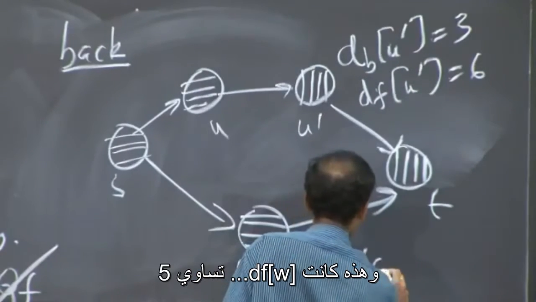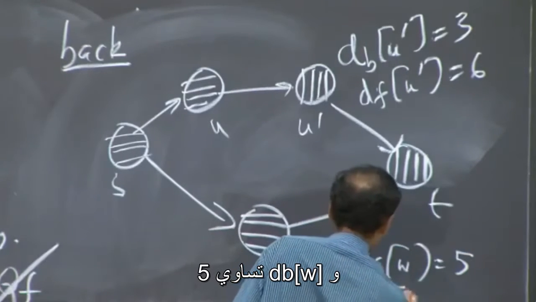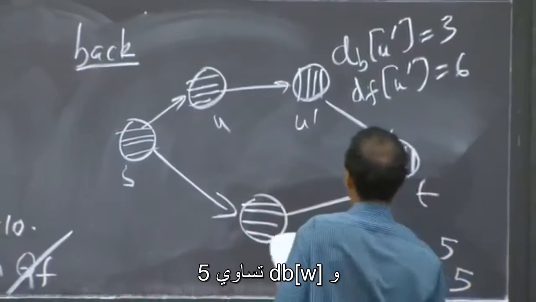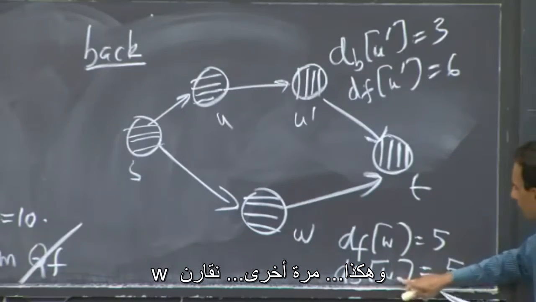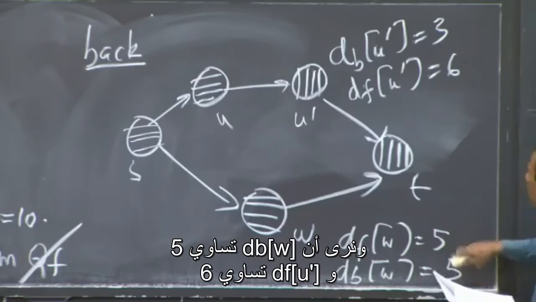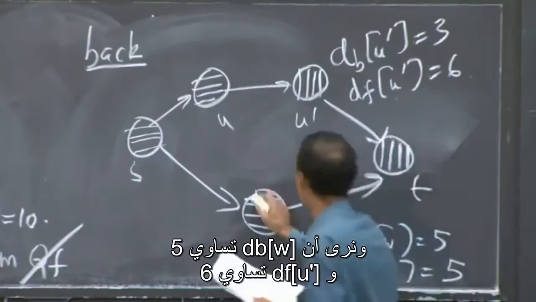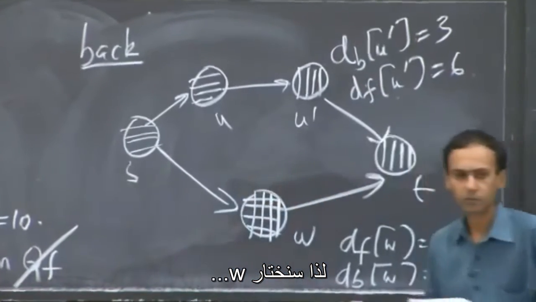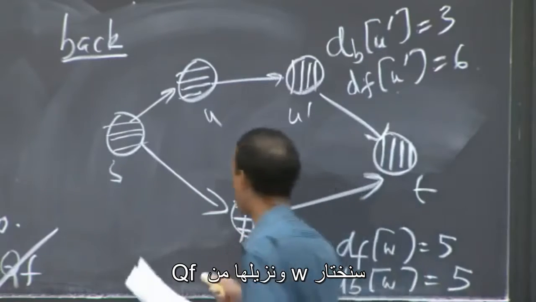This was DF of W equals 5, DB of W equals 5, and so on and so forth. Again, you compare W, and you see that DB of W equals 5, and DF of U prime equals 6. So therefore, you will pick W and remove it from QF.